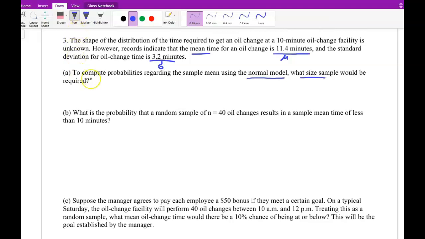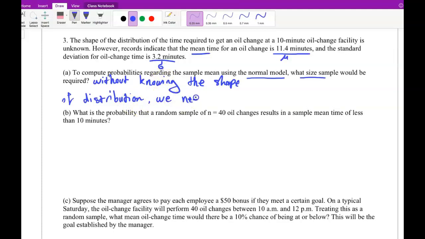So without knowing the shape of the distribution, you need to have the sample size greater than or equal to 30.